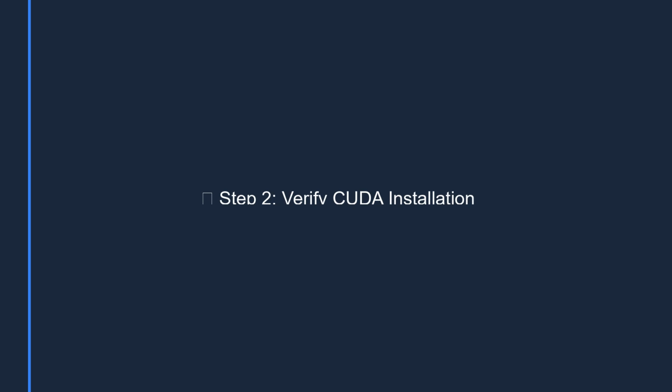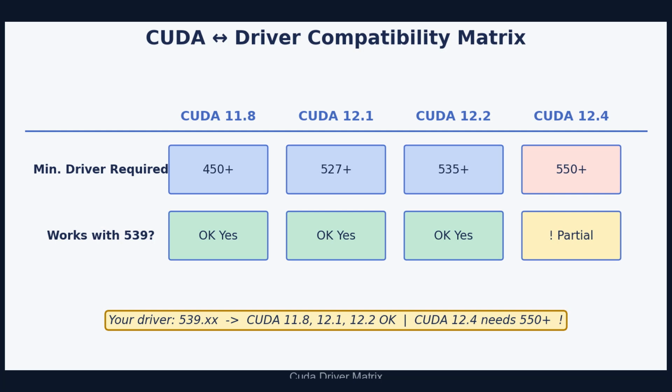Step 2. Verify CUDA installation. This compatibility matrix shows which CUDA versions work with which driver versions, and it explains a subtlety worth understanding. Your driver version is 539. That driver fully supports CUDA 11.8, 12.1, and 12.2. CUDA 12.4 is marked as partial, meaning the driver can run PyTorch builds targeting 12.4, but you may hit edge cases with certain operations.